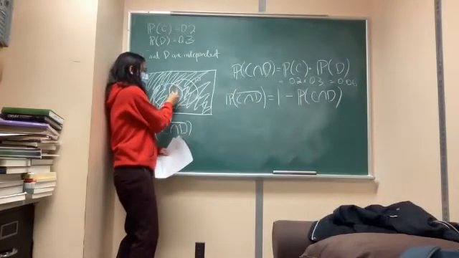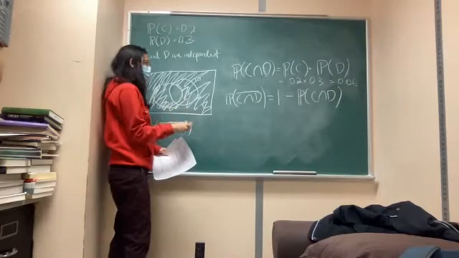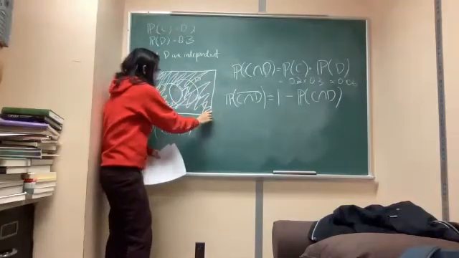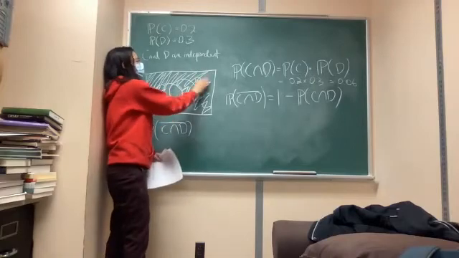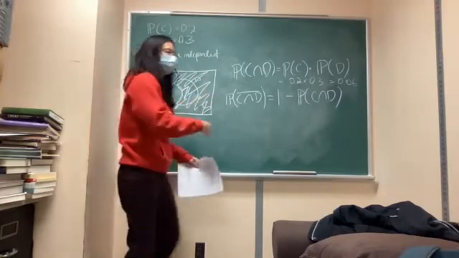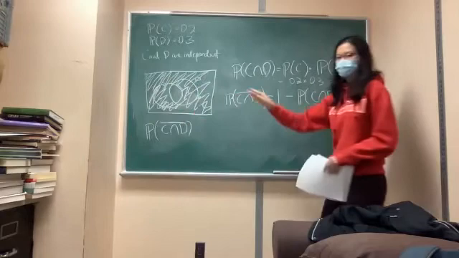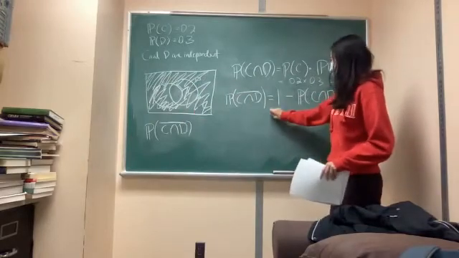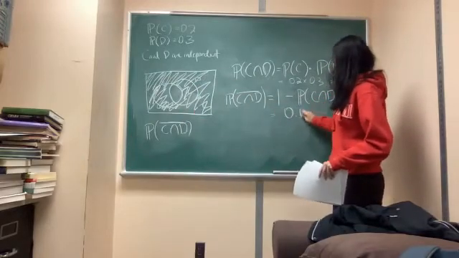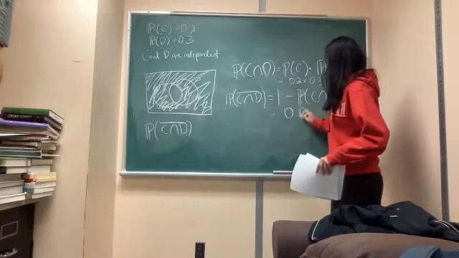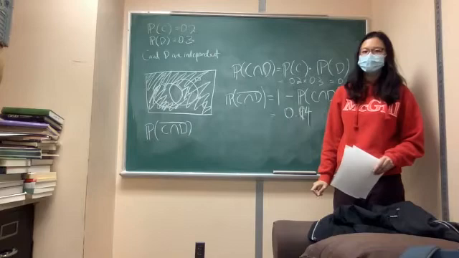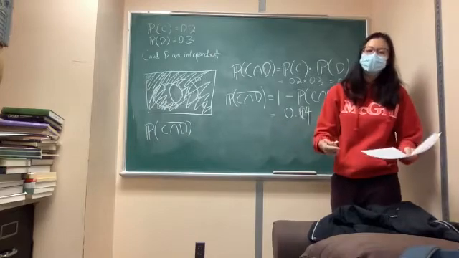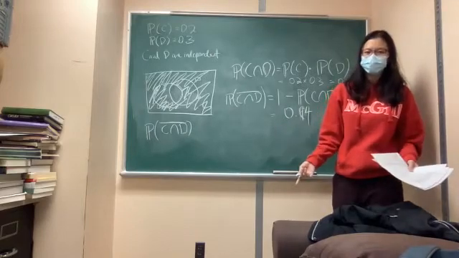Because if the probability that you're within this space is 0.06, and the probability of the entire space is 1, if you want to get to every other point, you just do 1 minus the probability that you're in the space that you don't want, which is 0.94. Okay? And this is a really simple solution to this problem.